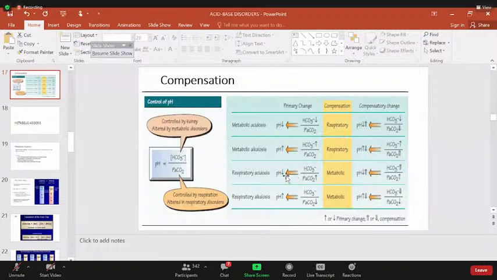So for you to normalize your pH, you also need to retain your bicarb. With a working functional kidney, you're going to increase reabsorption of bicarb. If your kidney is not working, however, you are in trouble. The body will not be able to compensate. So it is you, the doctor, who has to come in and externally help by managing the primary lung pathology so that they stop retaining CO2.